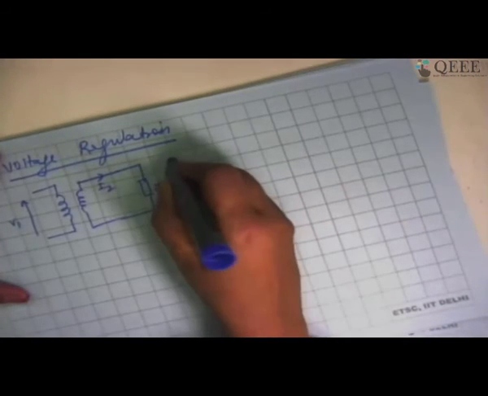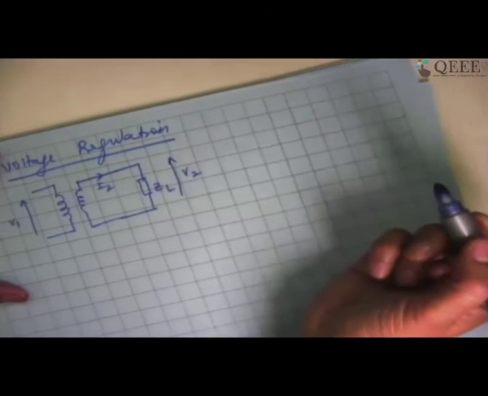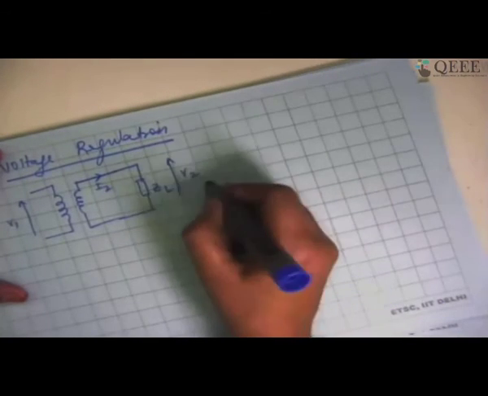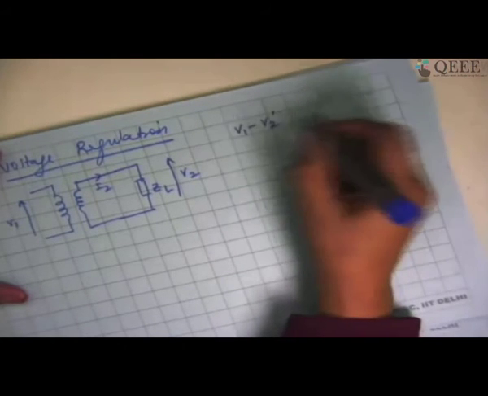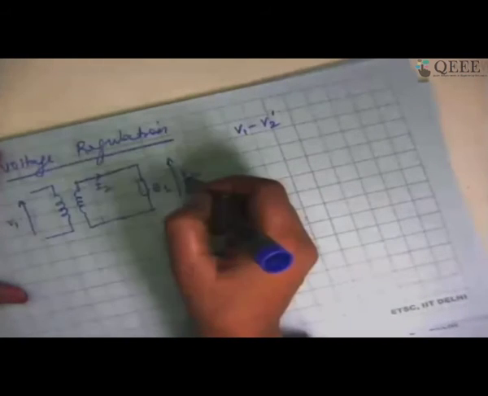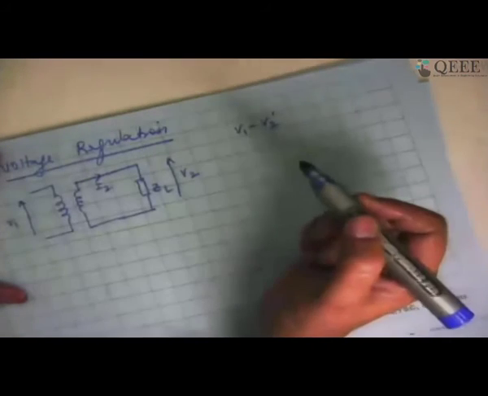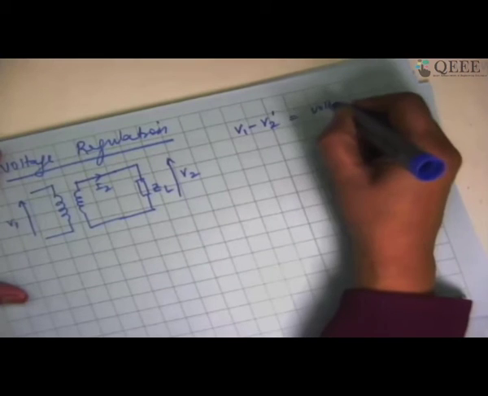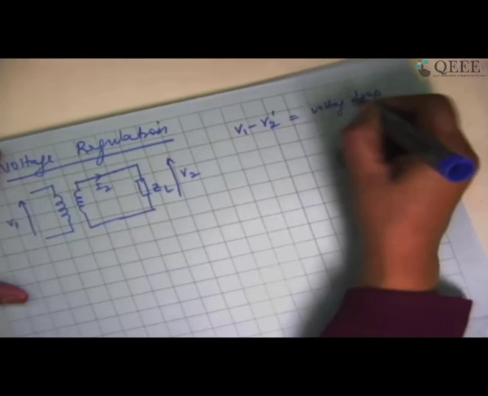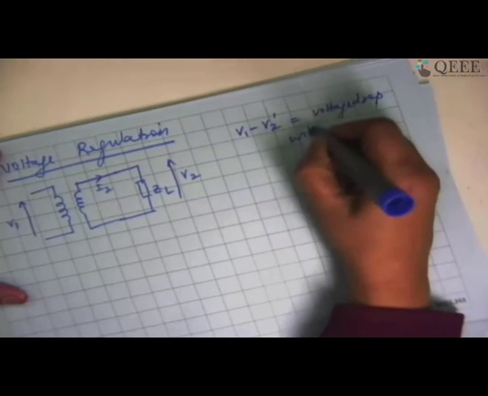The terminal voltage here is V2. V1 minus V2 dash, where V2 dash is the secondary voltage as I visualize it from the primary side, is the voltage drop within the transformer.